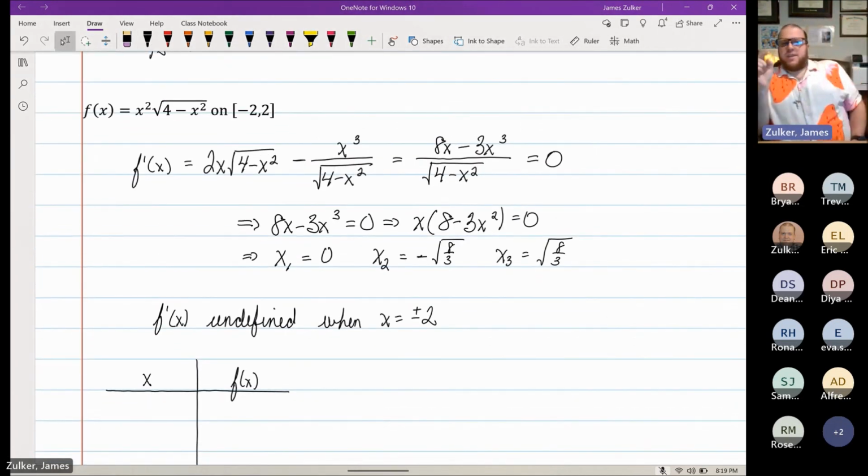So the question is, obviously 0 is in the interval, but what about negative root 8/3 and positive root 8/3? Well, they are.